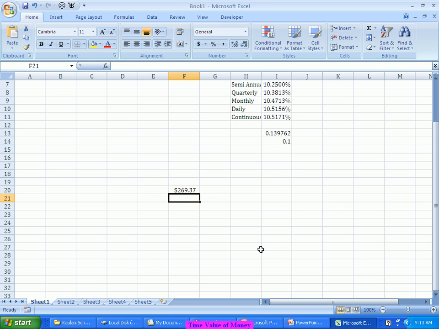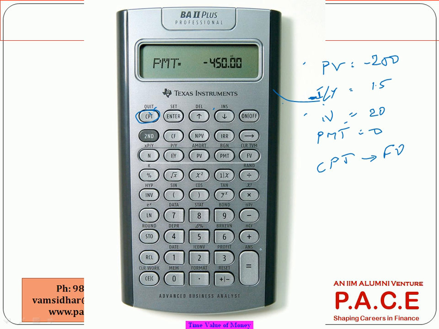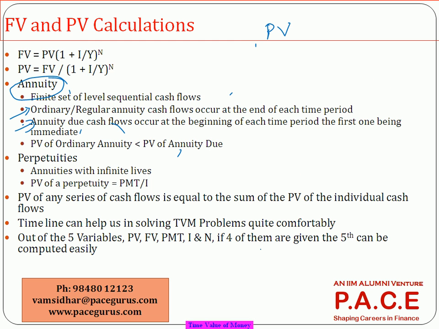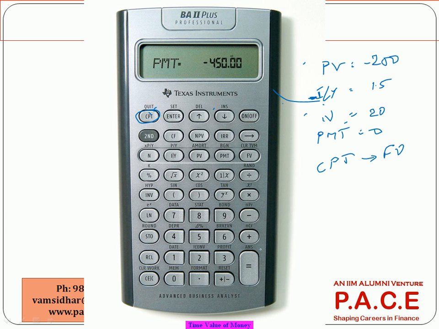So what it says is, if you are depositing 200 for a 5-year period at 6% per annum, compounded quarterly, you are going to receive 269.37 at the end of 5 years.